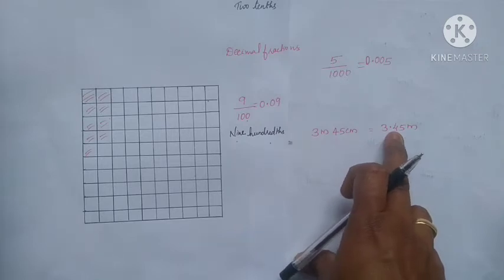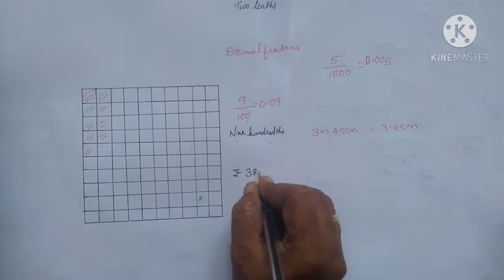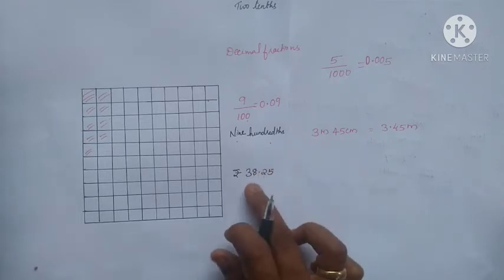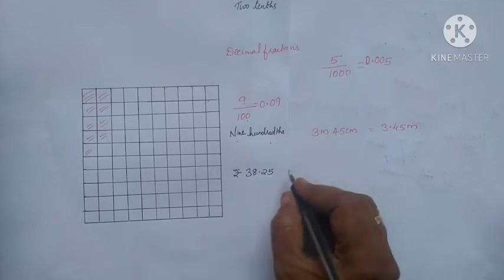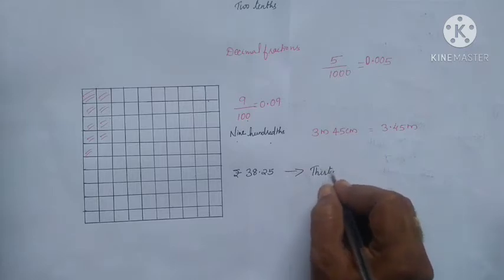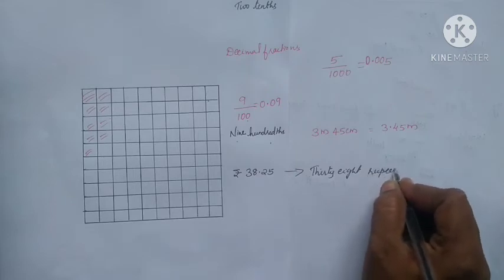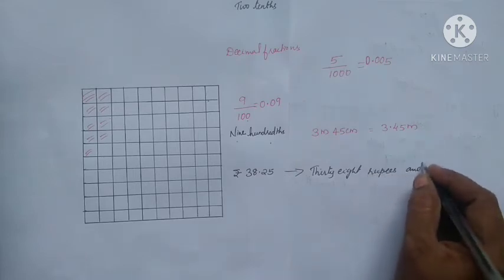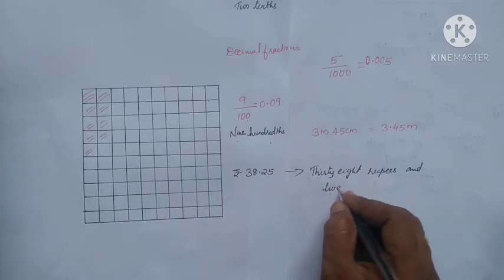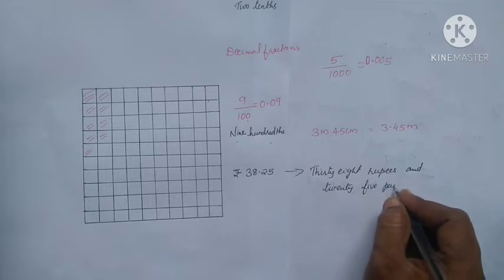Understand? One more example I can show you here. Rupees 38.25. Rupees 38.25. So how can we read this number? That is 38 rupees and 25 paise.